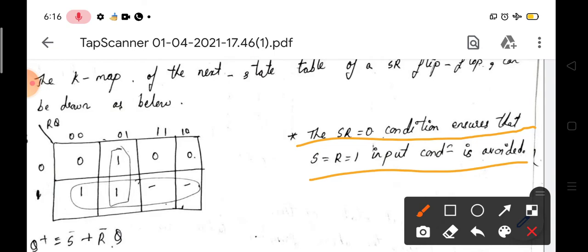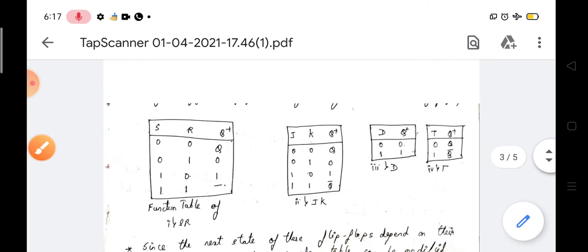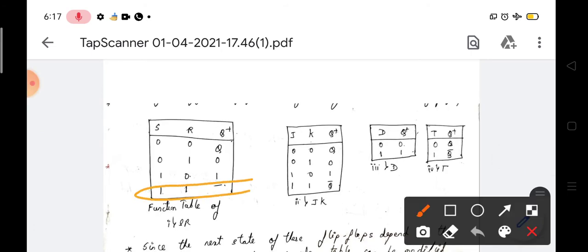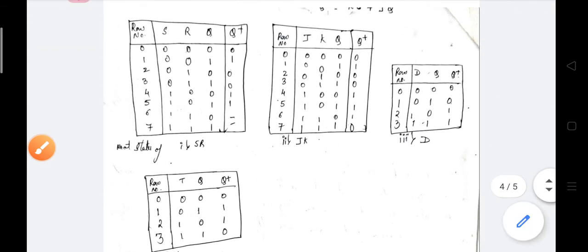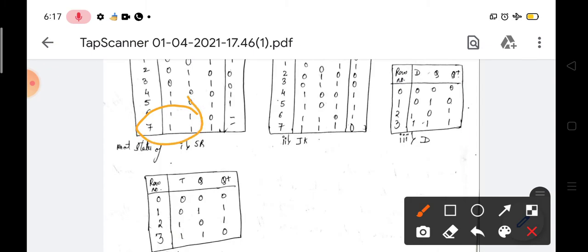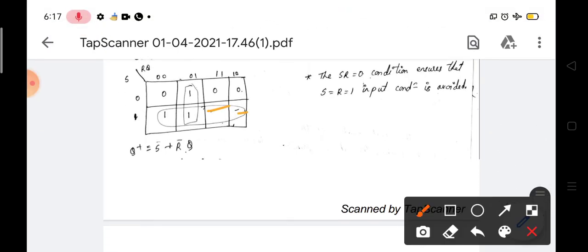The S equal to 1, R equal to 1 input condition is required to be avoided, because if S equal to 1 and R equal to 1, then the output remains undefined. So that condition we have to avoid. Since my output is not defined here, I have used those conditions as don't care.